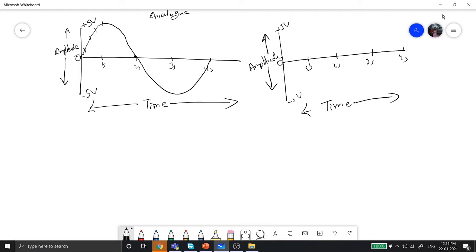In a digital circuit, the signal will be a square wave. It doesn't vary with time. It instantly goes from 0 to 5 volt. It doesn't take time to change values.